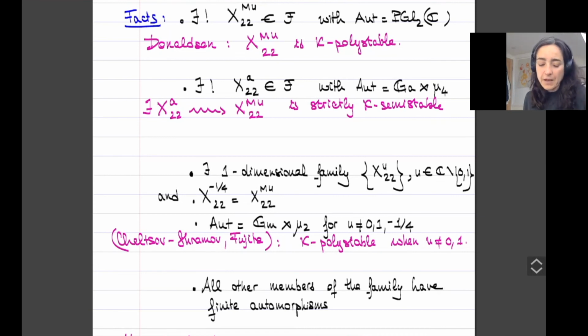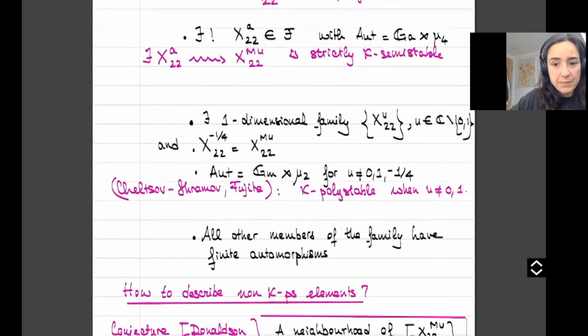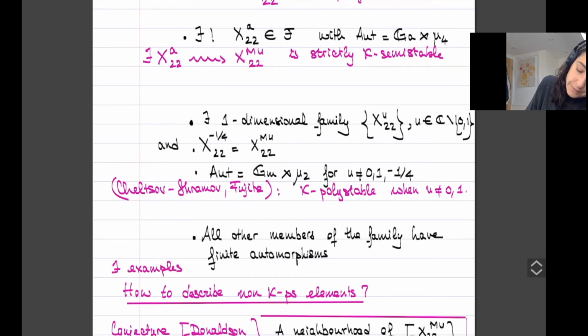So the family with effective GM action concerns the elements U not equal to 0 or 1 anyway. Okay, and then for all other members of the family which have finite automorphism groups, we know examples that are K-polystable, and that's due to Cheltsov and Shramov, and not K-polystable and strictly K-semistable, due to Tian.